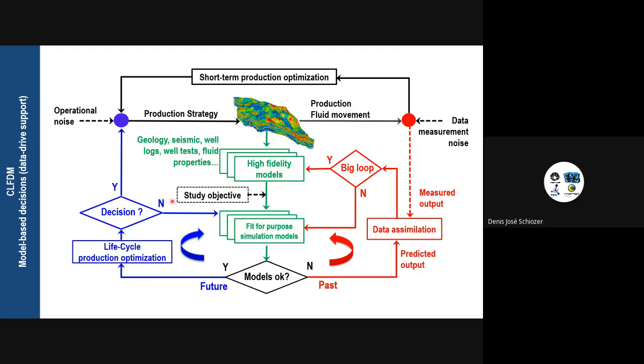But what we are observing today is that reservoir simulation is very well used in the industry, but it is used more for life cycle decisions than for short-term decisions. What I mean by short-term decisions.